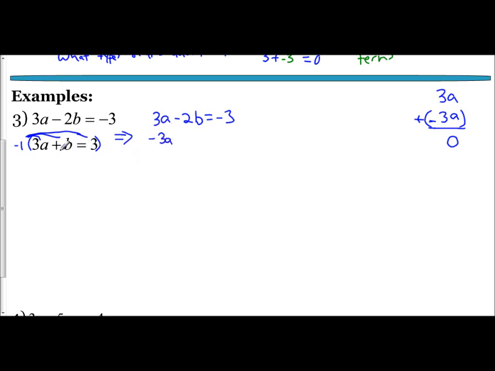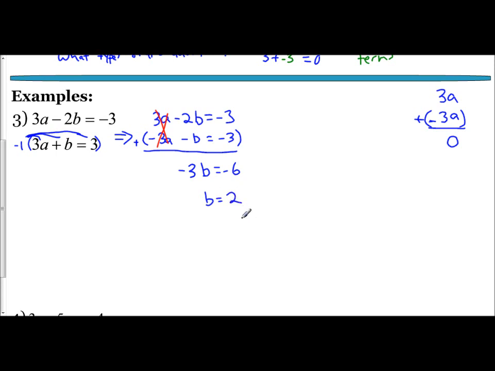So you get -3a, -b, and -3. And now you add the two equations vertically. The 3a and the -3a cancel. You get -2b and -b, which gives you -3b. And -3 plus -3 is -6. And so then solve for b. b is 2.